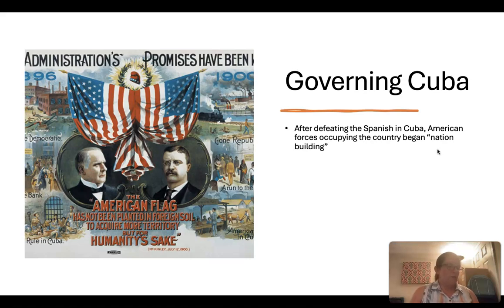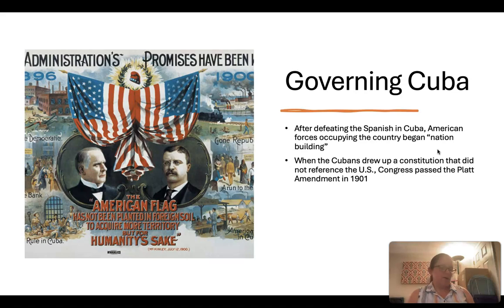When the Cubans end up drawing up a constitution that does not make any reference to the United States, Congress passes a piece of legislation known as the Platt Amendment in 1901, which is basically pressuring Cuba to incorporate its terms into the Constitution.